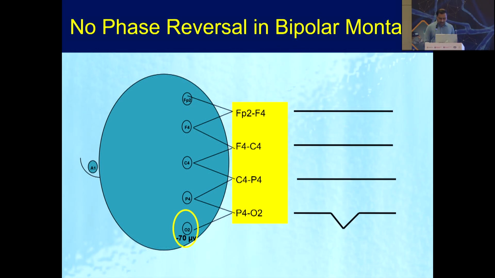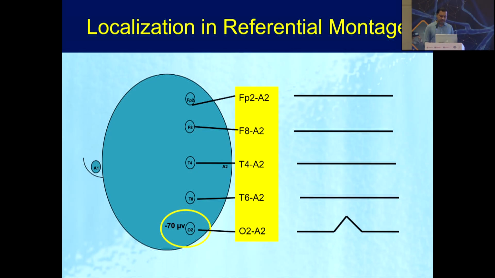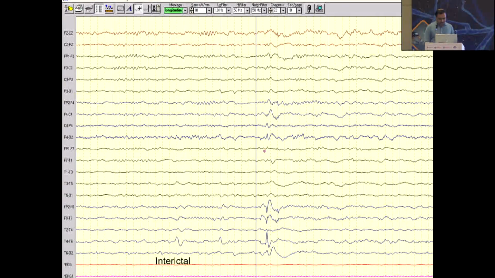People have developed different methods. You can connect O1 and O2 and demonstrate the phase reversal. Most of the time, by visual inspection or by looking at the common average montage, we will be able to see it, because here only one electrode is involved, so we need to check whether this is an artifact. With experience, we'll be able to see that. So these are the examples of this.